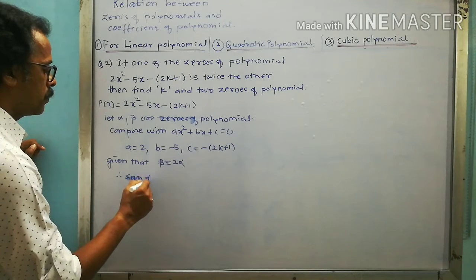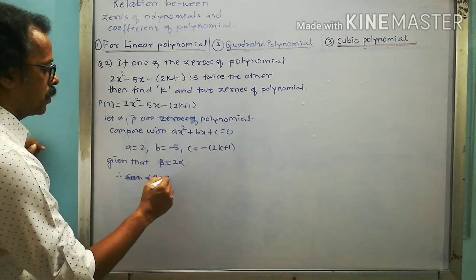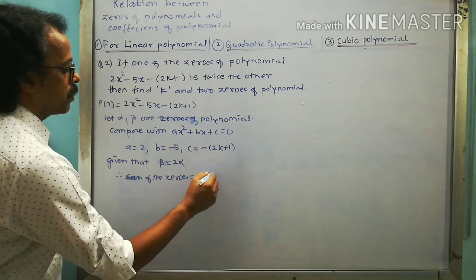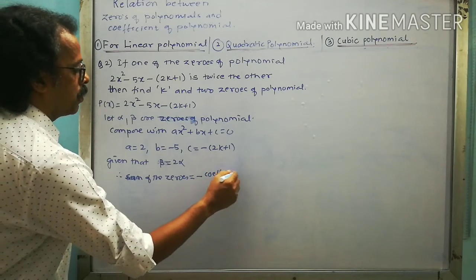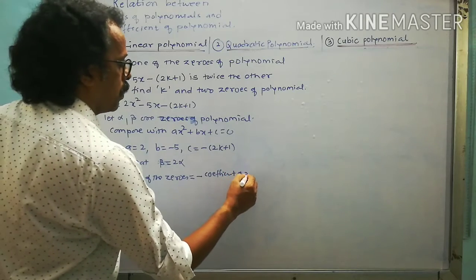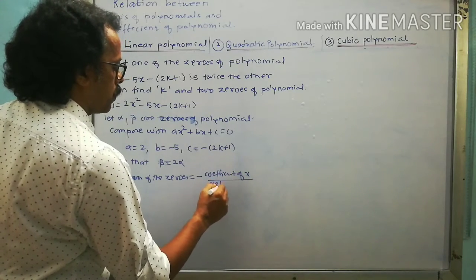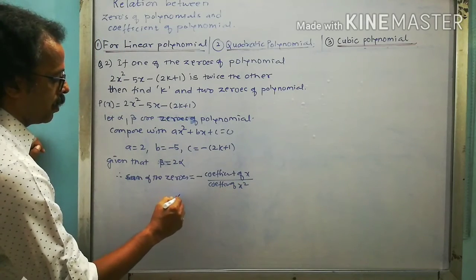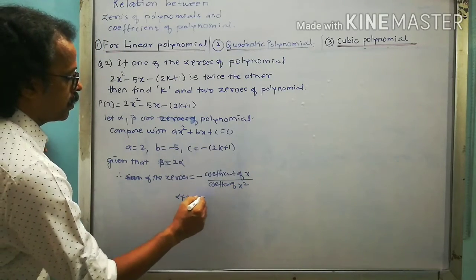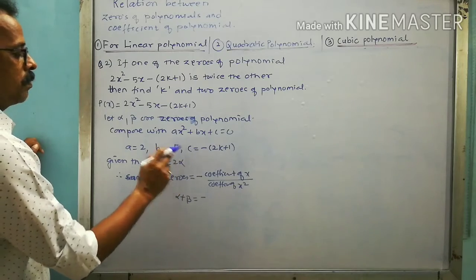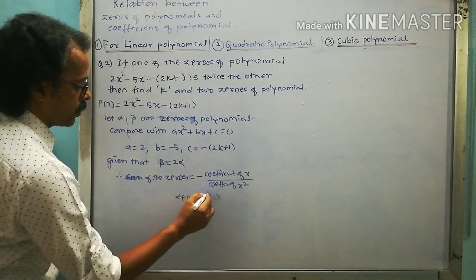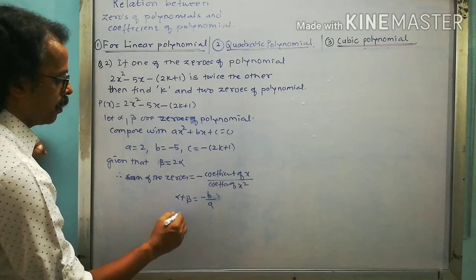sum of the zeros is equal to minus of coefficient of x upon coefficient of x square. So that is alpha plus beta is equal to minus b upon a.